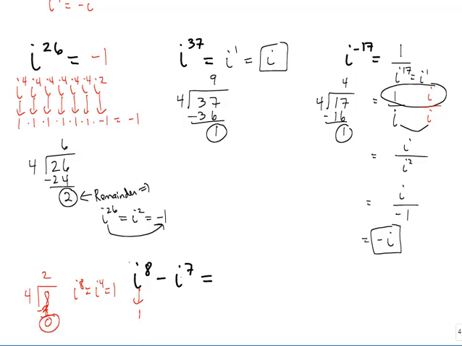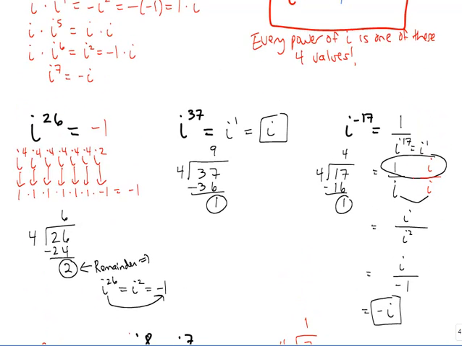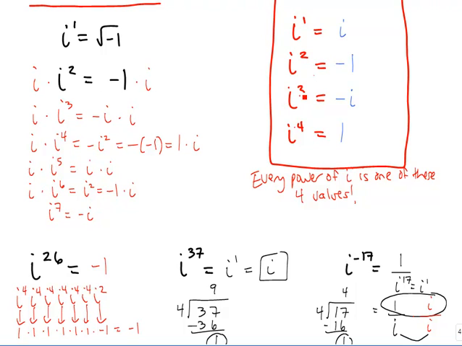So this becomes 1. Now let's figure out what i to the 7th is. So if we take 7 and we divide it by 4, 4 goes into 7 once, and the remainder is 3. So that means if I look back at my chart, i to the 3 is the same as negative i.